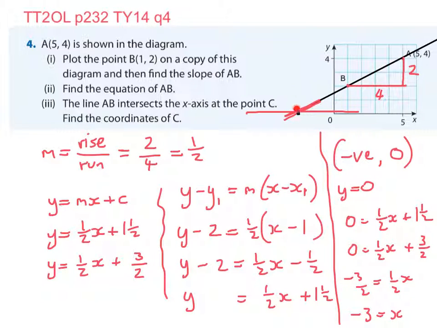When we go down 2, we get to the x-axis, and we go back 4 from 1, we get to minus 3. So it also seems reasonable from just drawing congruent triangles, the same triangle on the other side. So our final coordinate is going to be minus 3, 0.